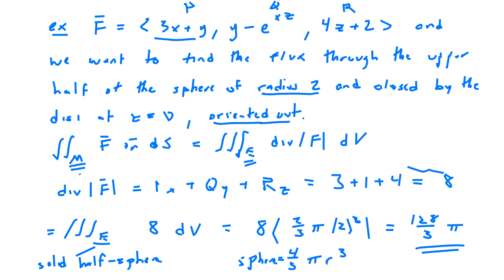Whereas if we were going to use the parameterization, x we know is rho sine of phi cosine of theta, where rho is 2. So it would be 2 sine of u cosine of v, and that's what we're putting in for x. For y, it would be 2 sine of u sine of v, and z would be 2 cosine of v.